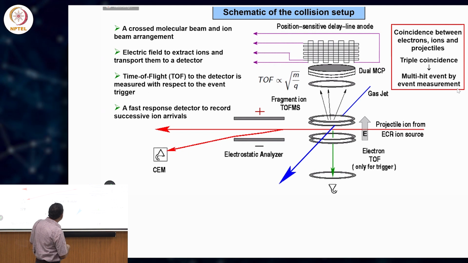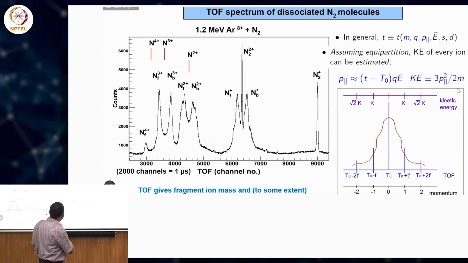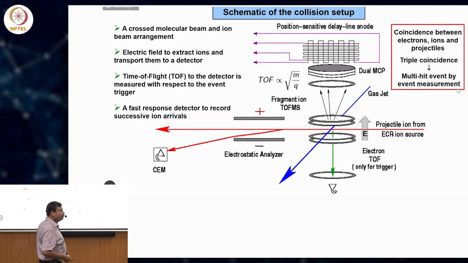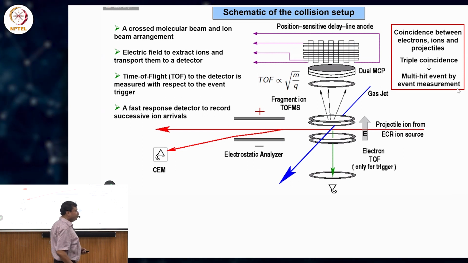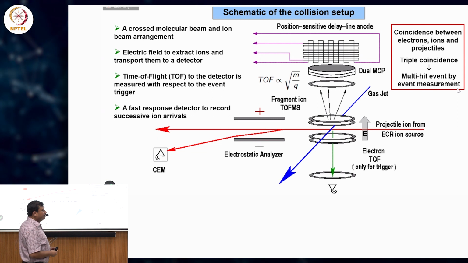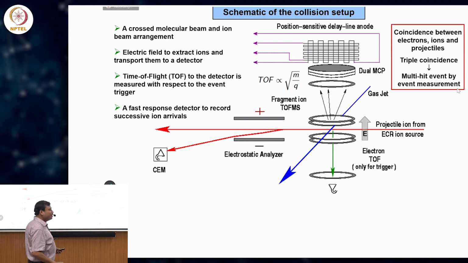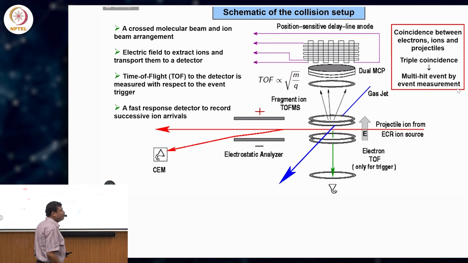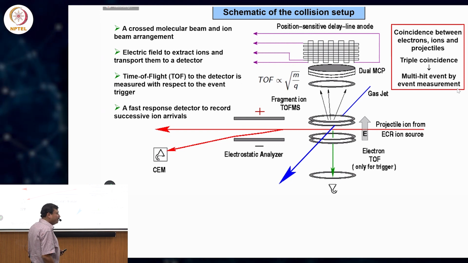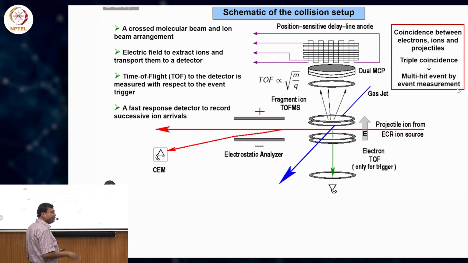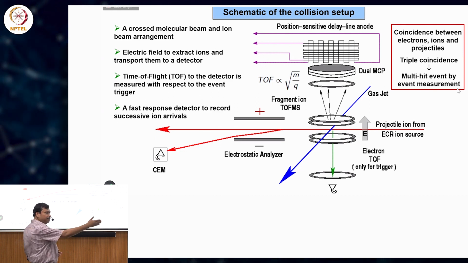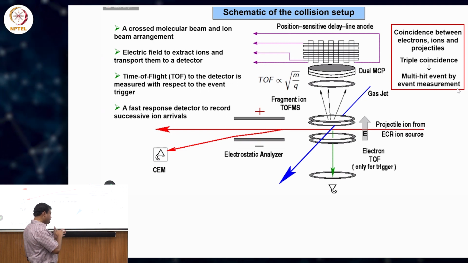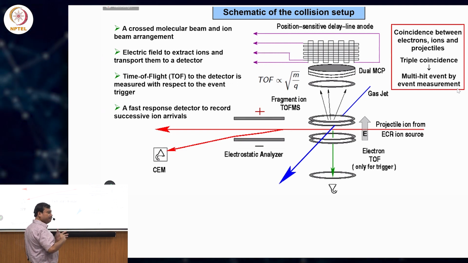If I can show you, I don't know whether I have that picture. I'll come to that. Exactly, I'll come to the last stage. So the slowing down, you can slow down the electrons by, what he said, having a magnetic field.